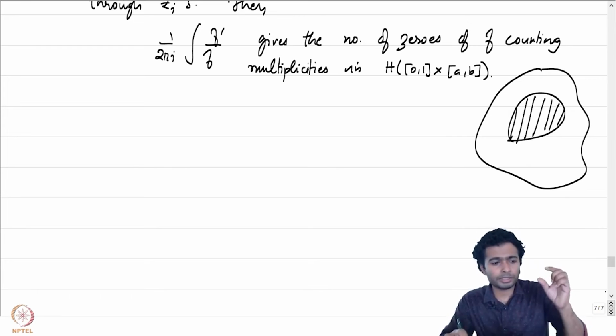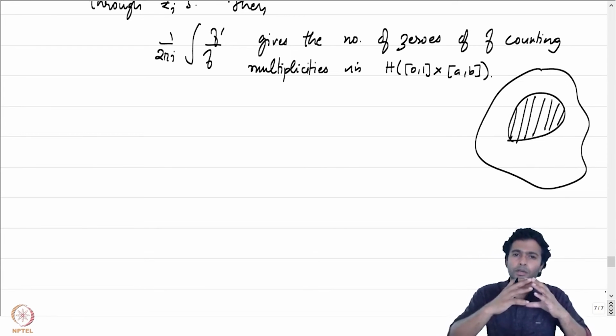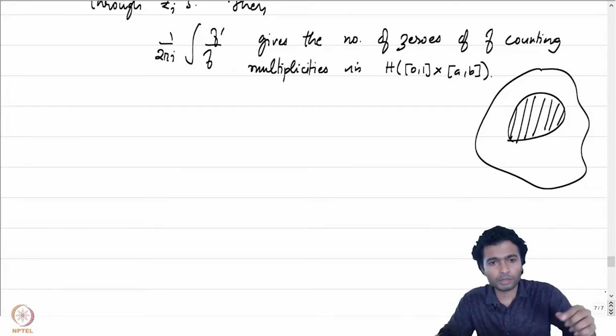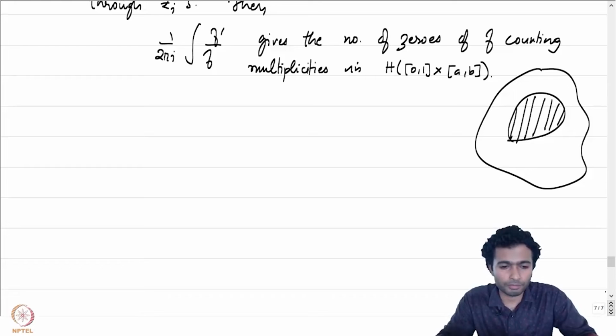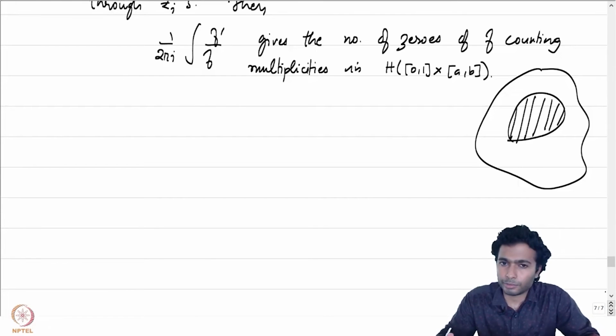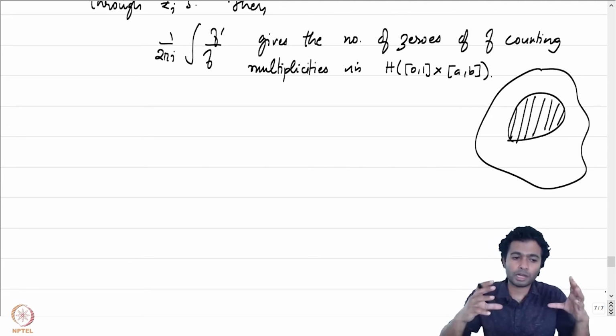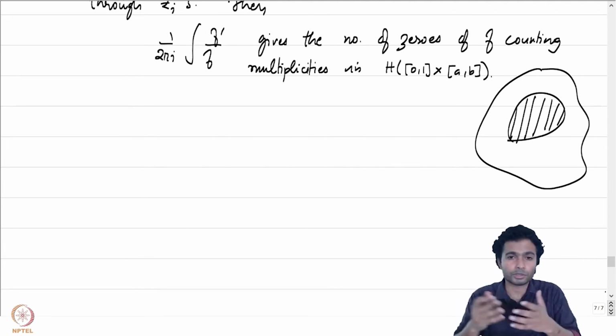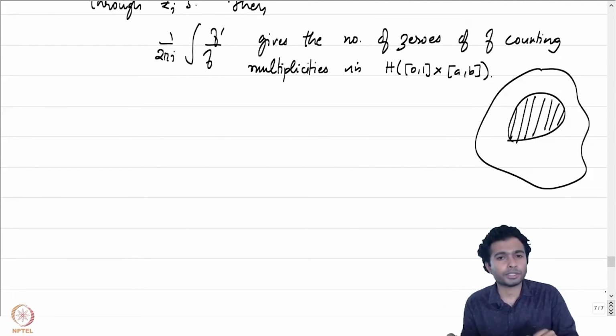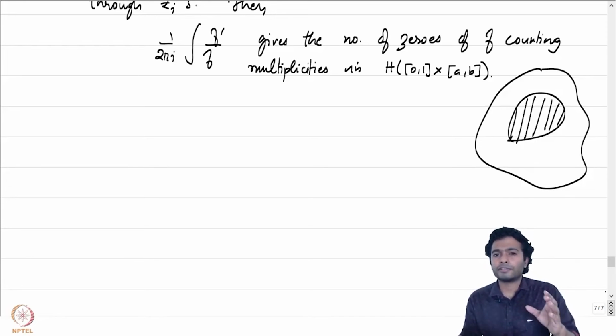Rouche's theorem tells us that if you perturb our gamma to any other homotopic curve, then the integral is going to be the same, and therefore the number of zeros of any function, if you perturb our curve gamma a bit, is not going to change. The difference between the number of zeros and the number of poles is not going to change. Similar is the case with functions f.